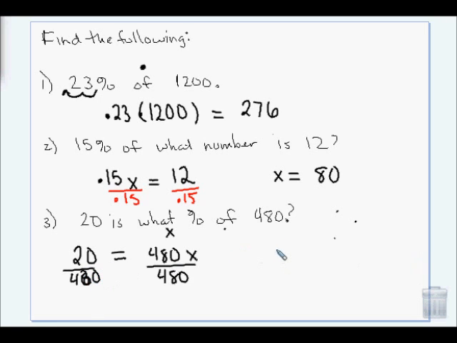So 20 divided by 480 is, when I round it, like 0.04116. What's the one after the 6? 0.042. Okay. All right, so I'm going to turn that into a percent, so I move 2 places, so x is 4.2%.